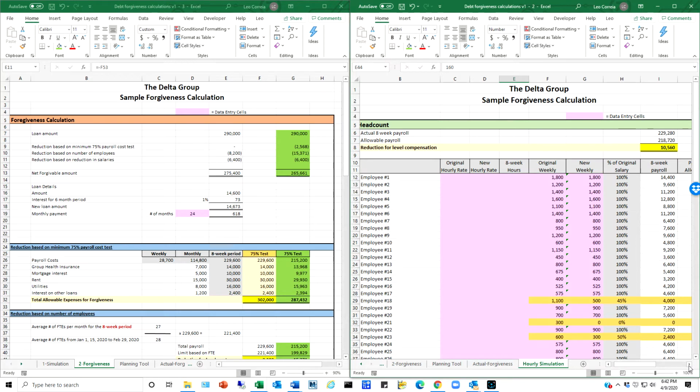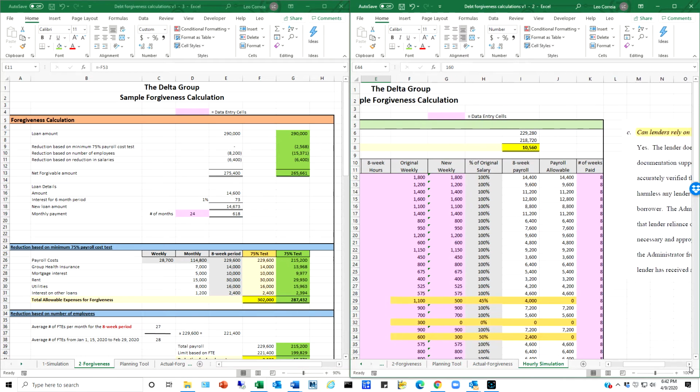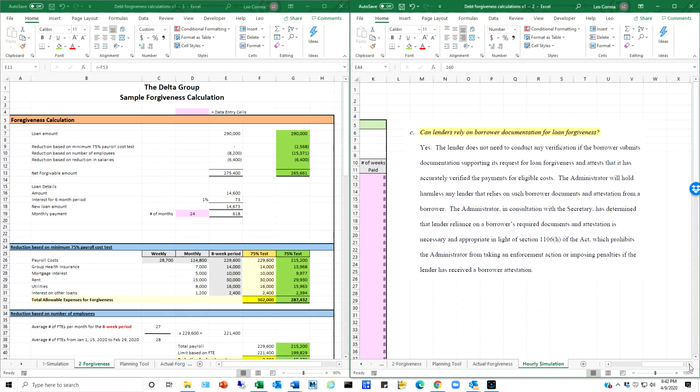But there's one thing I want to bring to your attention, and there is wording in the guidance that was issued on April 3rd by the SBA, and I'd like to read this to you. The question in the document that was created by the SBA said, can lenders rely on the borrower's documentation for loan forgiveness?